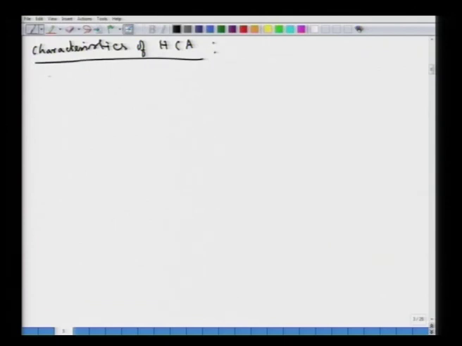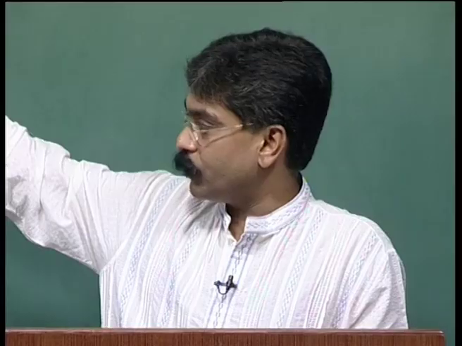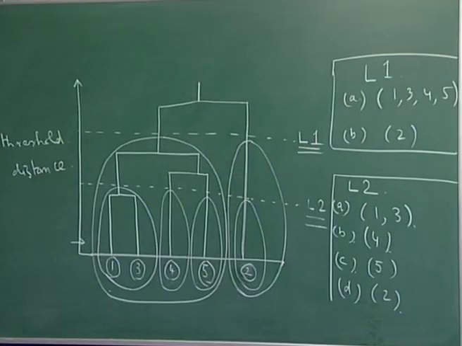Point number A is that sectioning a tree at a particular level produces a partition into G groups. G is the number that is related to the type of partitions that we are going to have at a particular threshold distance level.